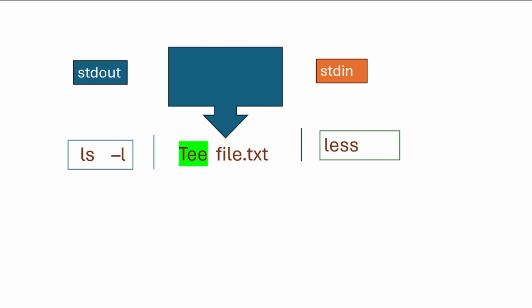A pipe just streams the data from one command to another, but with tee, in between, we can take the output from the first command and store it in a file, along with passing it to the second command as input. Let's understand with examples so you get a better understanding of the tee command. Let's start.